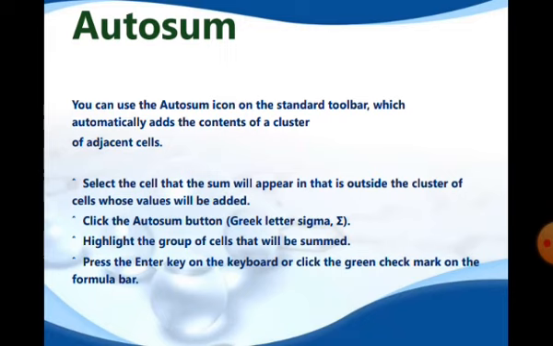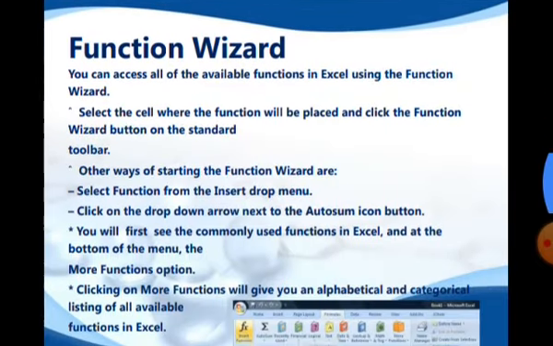Okay, the highlighted cells will be added and the output will be shown by AutoSum. So the AutoSum feature is actually used to add adjacent cells selected by the user. You need not enter any formula, you just select the cell and press the AutoSum button, which is located in the standard toolbar. Now move forward.